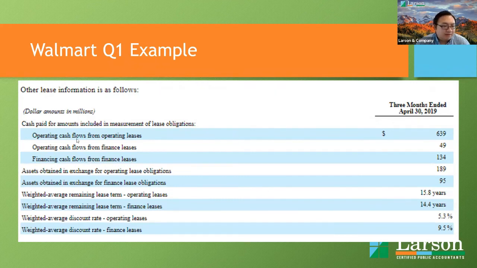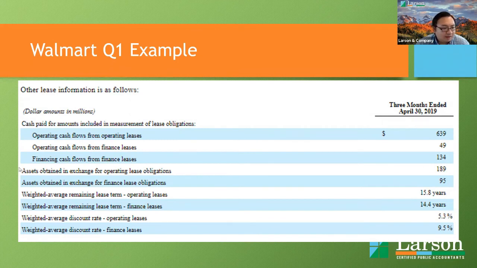Further down, they also disclosed the cash paid for amounts included in lease obligations, and the assets obtained in exchange for the non-cash flow items, so assets exchanged for operating lease obligations, or assets exchanged for finance lease obligations. So that's the non-cash side of things.